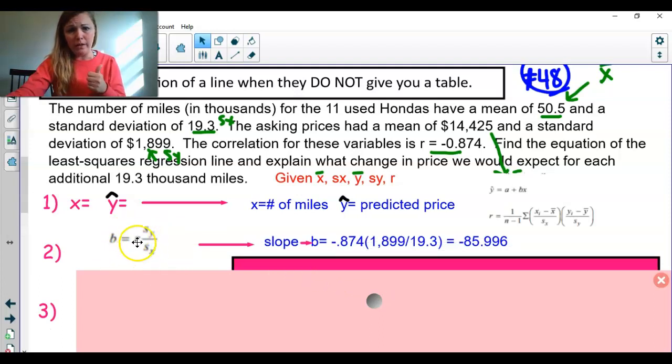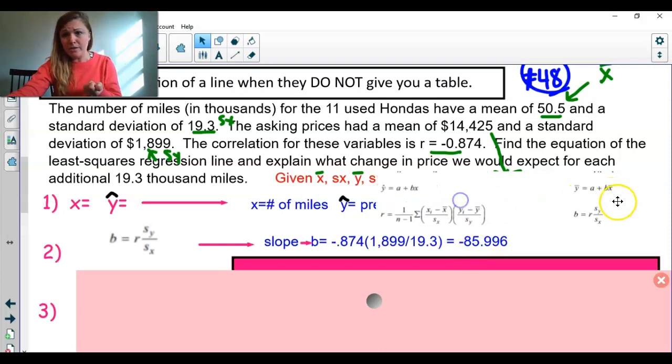I know the correlation coefficient, negative 0.874, so I plugged that in for R. I know the standard deviation of Y, 1,899. That's right here. I also know the standard deviation of X, 19.3. I plug that in my calculator and I get negative 85.996. That's the value of my slope.